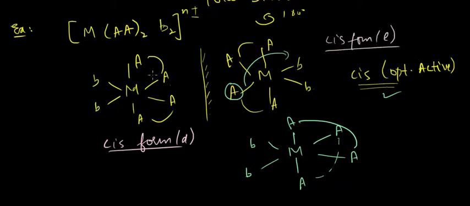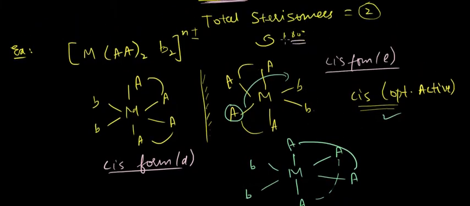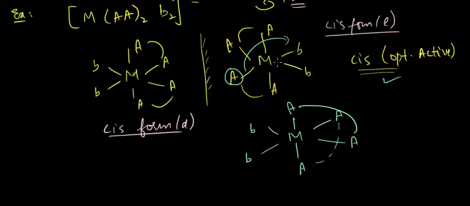Why? Because if we draw the mirror image of it, it would be A here, A here, A here, A here, and BB here. If we again rotate it 180 degrees anti-clockwise, what will we be getting? This A would be coming at the position of B in the newly formed rotated complex compound.